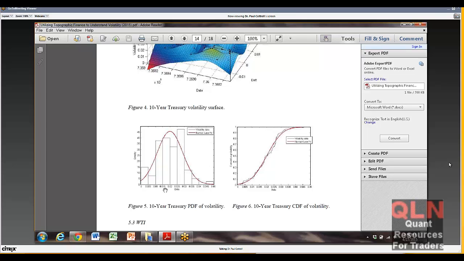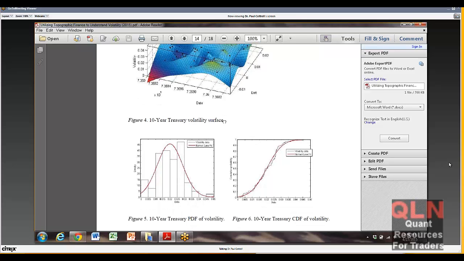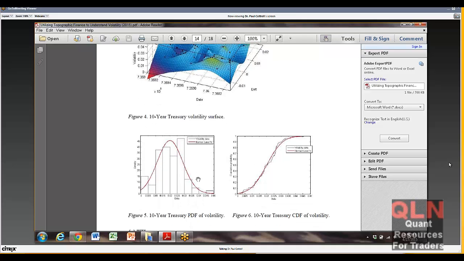That's telling you that volatility density is increasing, which means that the bond market is going to move more and more volatile. And so you have a qualitative measure seeing that the surface is moving upward, and you have a quantitative measure showing that volatility within this data set is actually moving more towards normal distribution, which is not a normal thing.